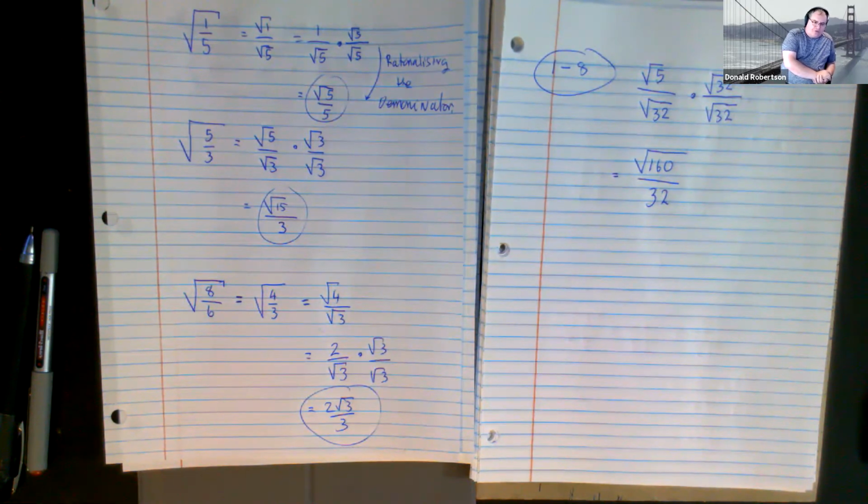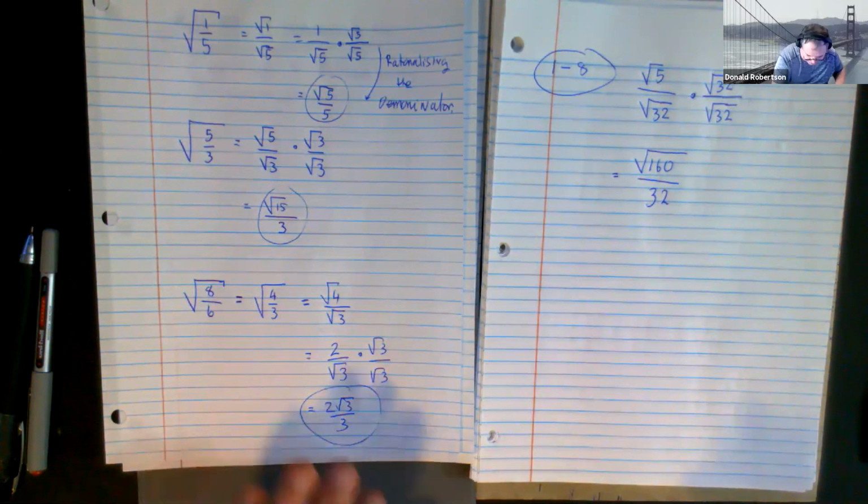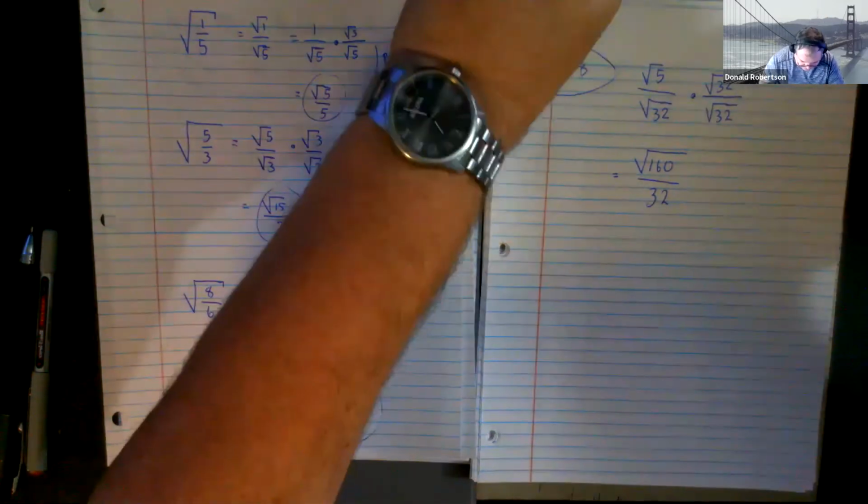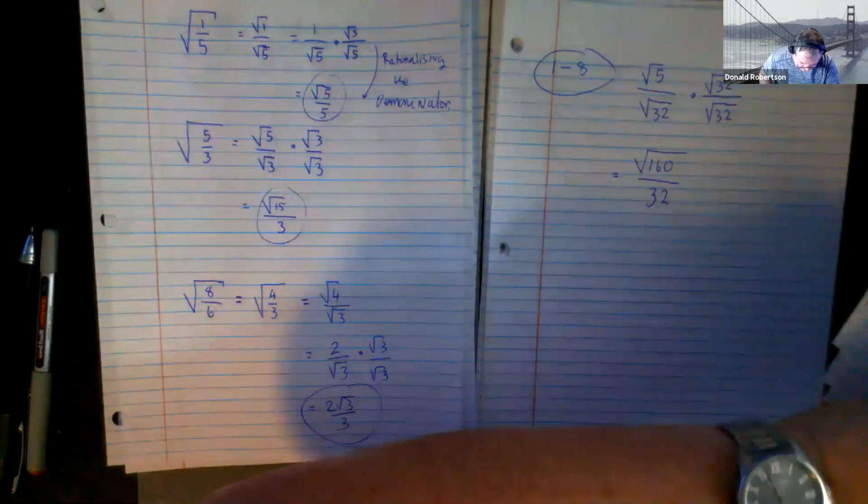Looking at the square root of 160, is there a good chance that that's going to simplify? You agree? It's a nice round number. There's probably somebody who can work with it. I'm trying to find my piece of paper with all my guys on it. There we go.